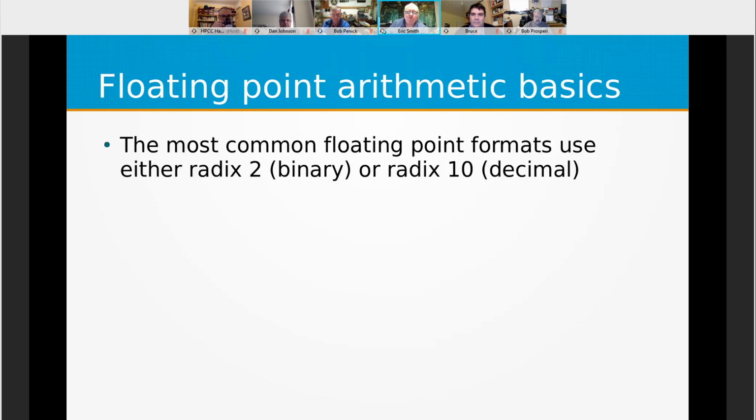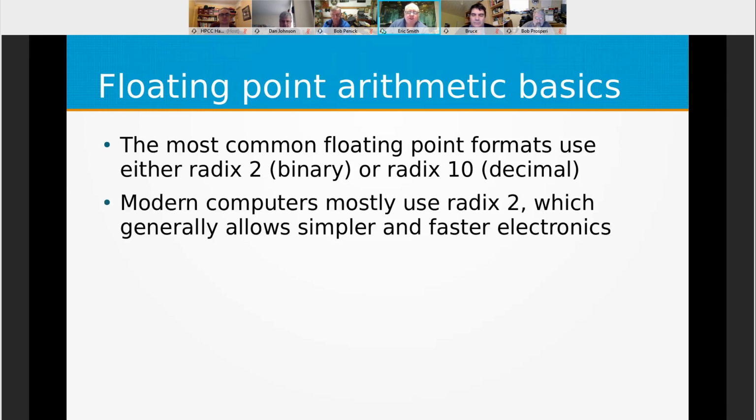The most common floating point formats used are either binary floating point, which is radix 2, or decimal floating point, which is radix 10. Computers mostly use radix 2, and that is because the hardware is simpler and faster. Calculators mostly use radix 10, as all of us who've used HP or even TI or pretty much any brand of calculators know.